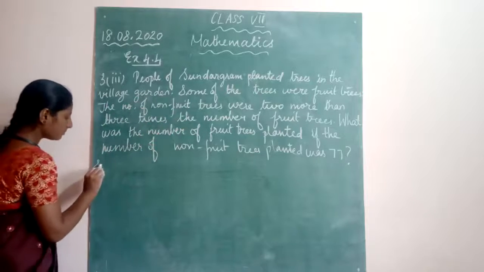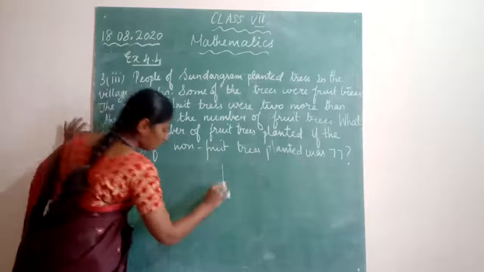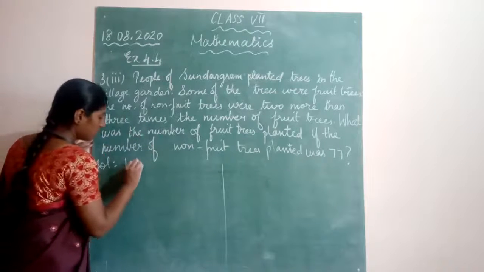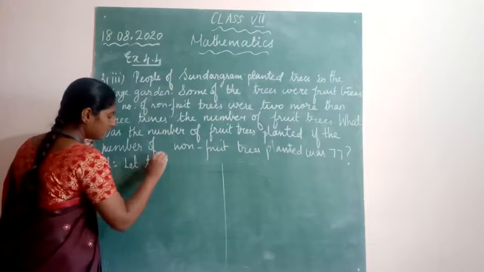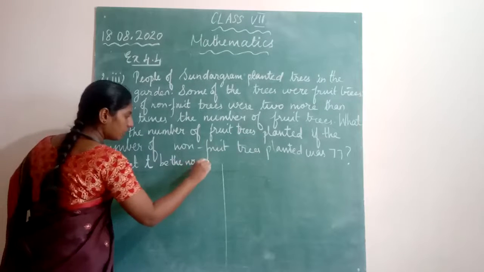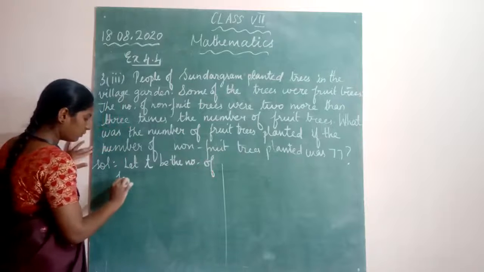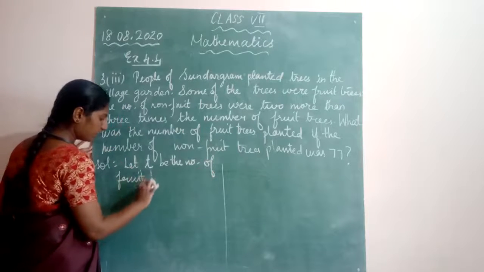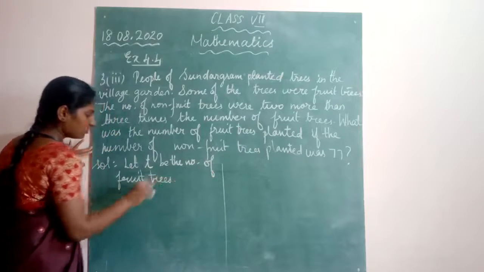Okay. So look here. Let T be the number of fruit trees. Okay. So then what will you get?